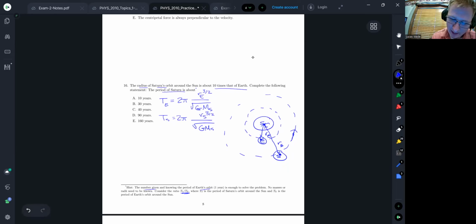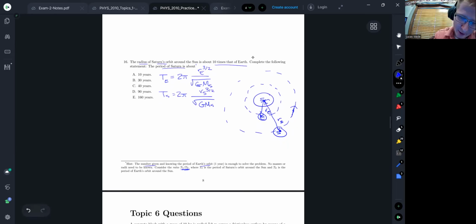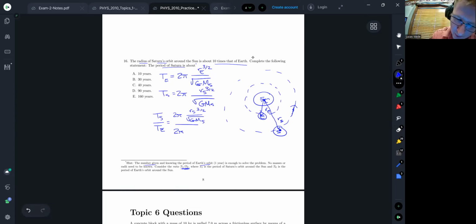Here's where the magic happens. Consider this ratio, TS over TE. That's 2 pi RE to the 3/2 times that over 2 pi. Oh, I got that flipped the wrong way, don't I? This should be RS, the radius of Saturn's orbit around the sun.